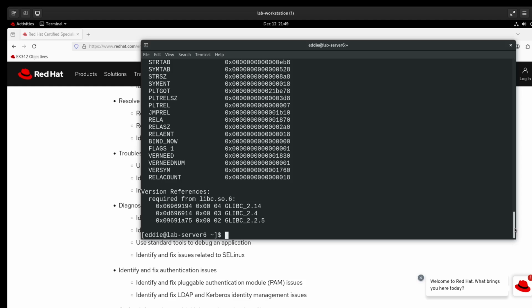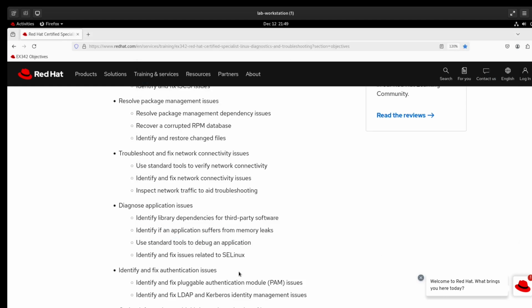Again, I don't think this is going to get really deep into dealing with libraries. There was another command that would show the currently cached libraries that are available for applications to use. I can't remember that off the top of my head. Probably what I'm going to do this weekend is go through my actual training materials and see what it says about library dependencies and see if there's something that I should probably try to remember.